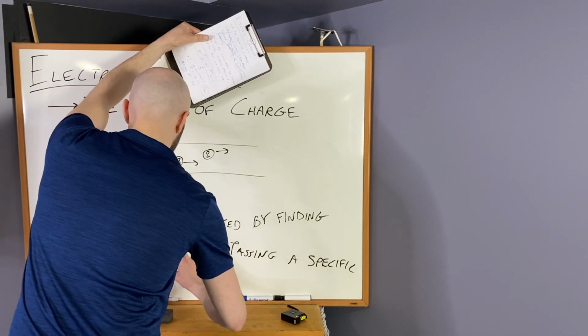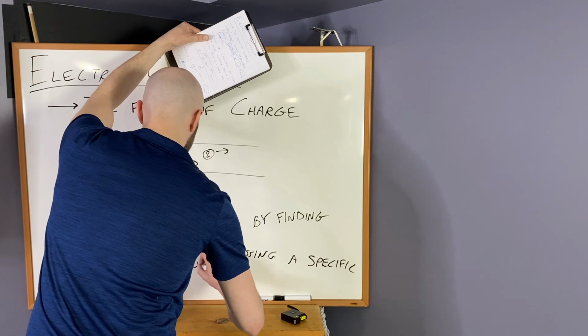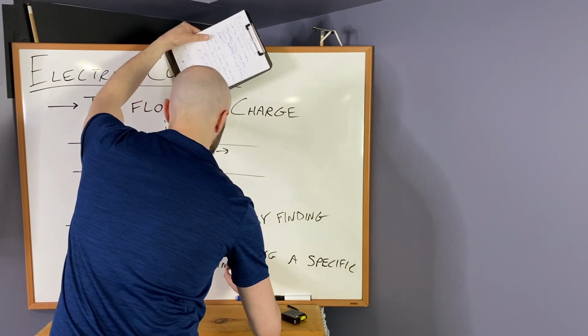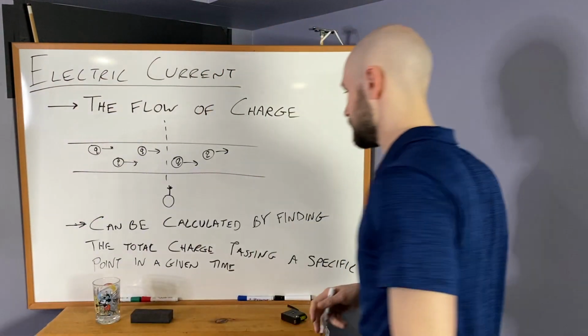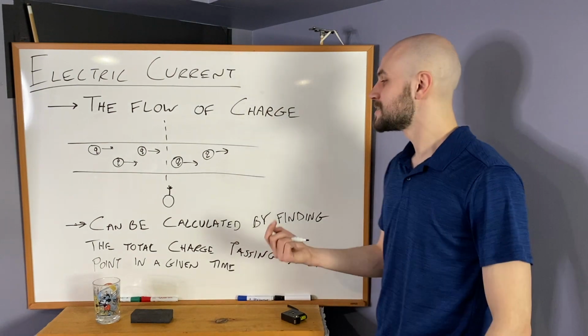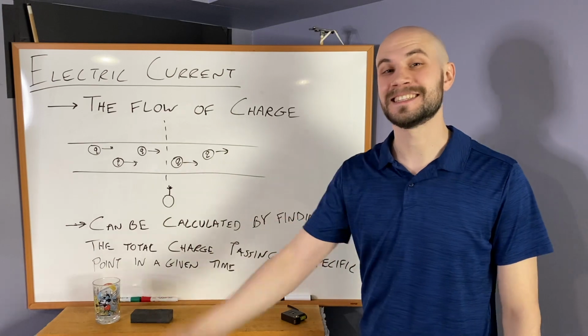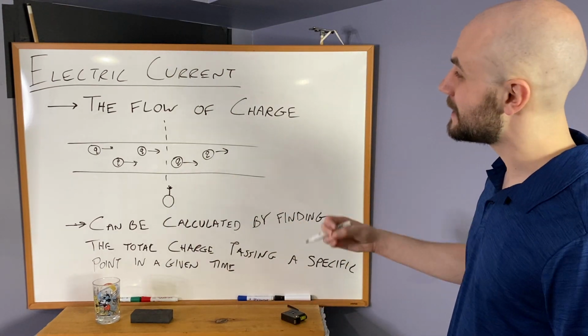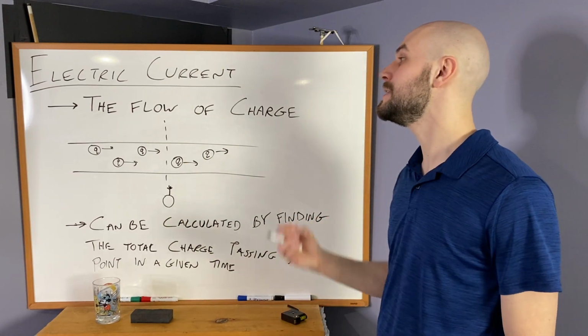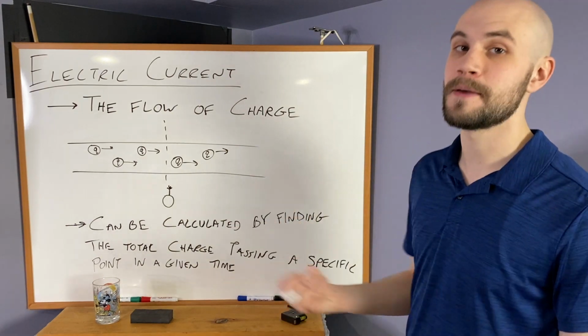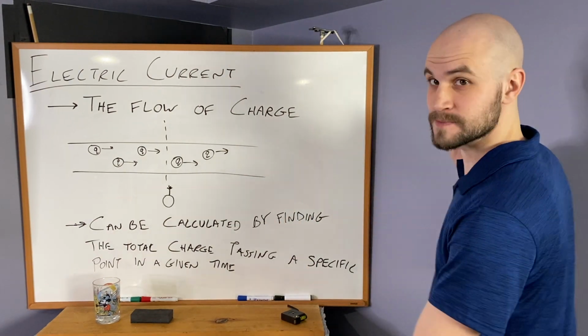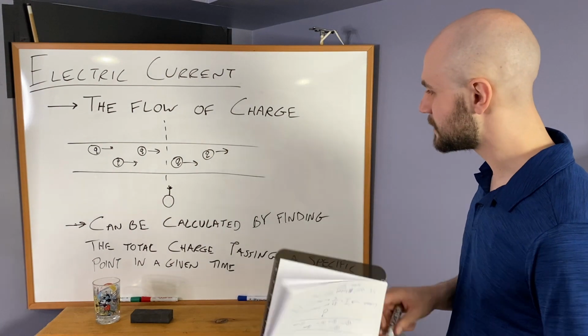So once again, we're looking at a point where we're seeing how much charge is passing that point in a specific amount of time. By figuring that all out, we know the current that's flowing through that point. Pause the video, write it down, I'm going to erase.